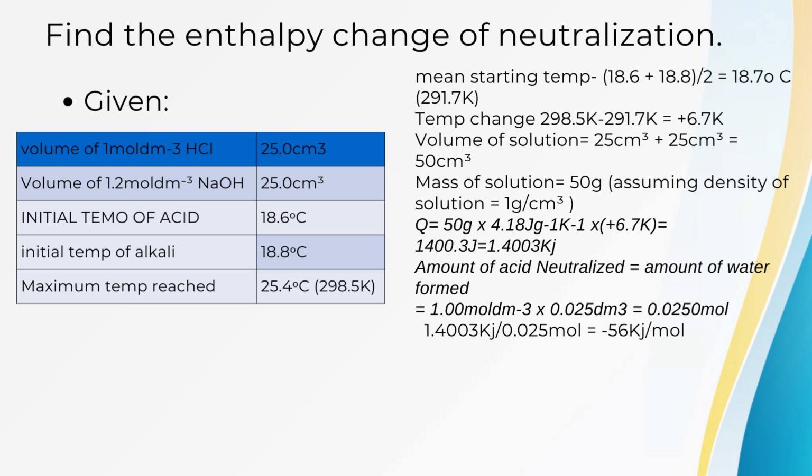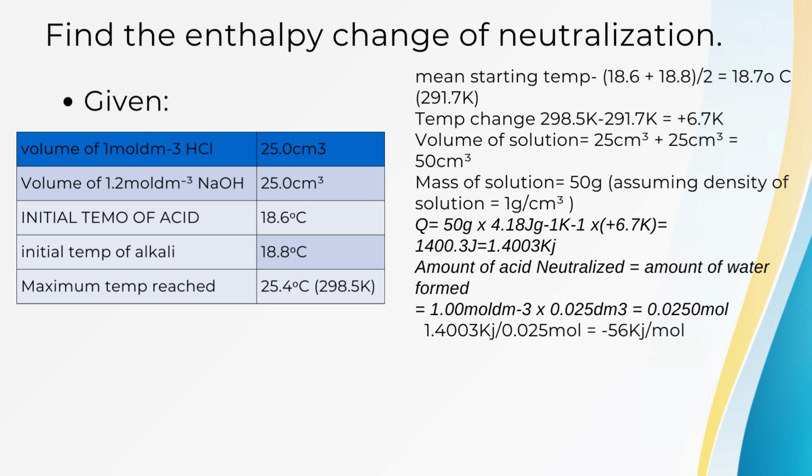0.025 moles. Now, using the formula of finding the enthalpy, delta H equals negative Q, which is our heat energy, divided by number of moles, which is n. Now, our Q is 1.4003 kilojoules. Our number of moles, n, of water is equal to 0.025 moles.